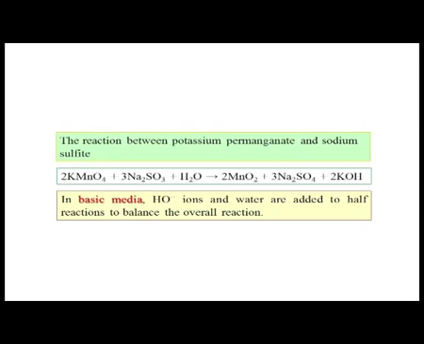So, all permanganometric titration, likewise the dichromometry also, is helpful only in the acidic medium. In the basic medium this will be precipitated out, and we cannot perform the corresponding redox titration reaction. As a result we can state that in basic medium the hydroxide ion and water will be added for balancing the reaction, and the half reactions will be there to balance the overall reaction.